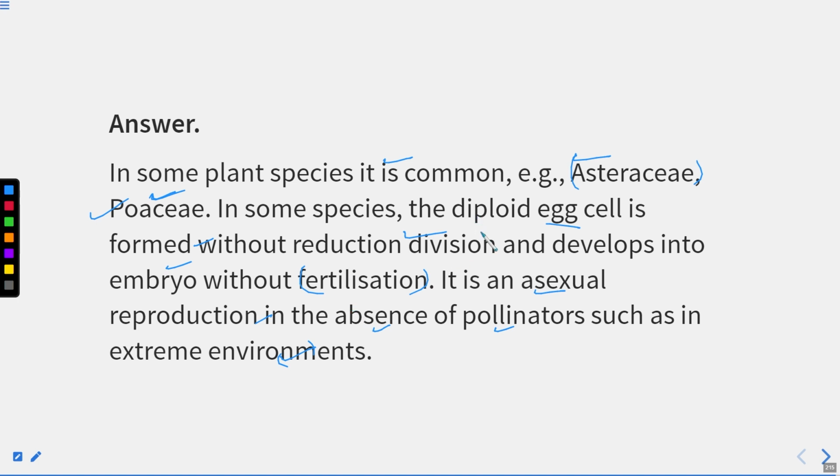So formation of diploid egg cell without the reductional division, and then this diploid egg cell will give rise to the diploid embryo. So this is the kind of asexual reproduction.